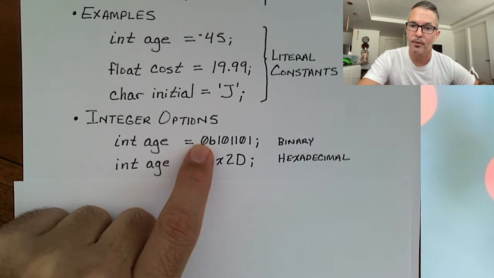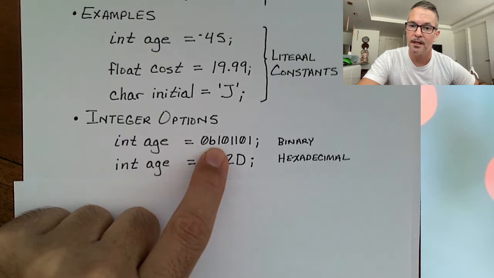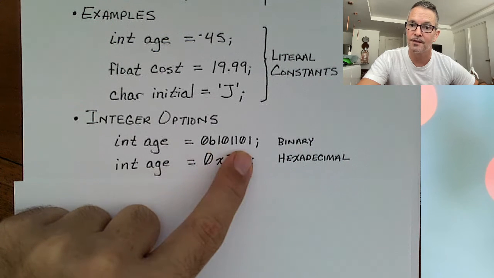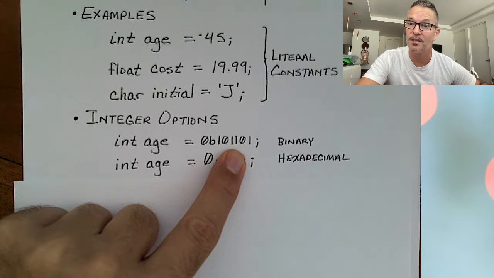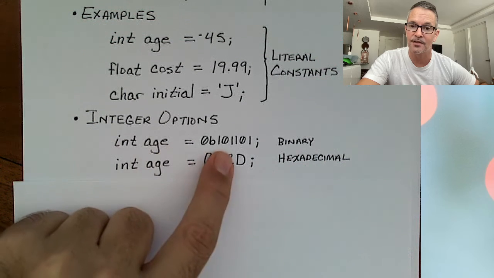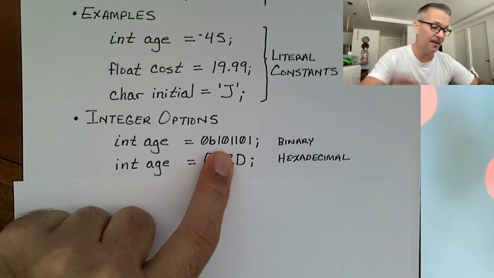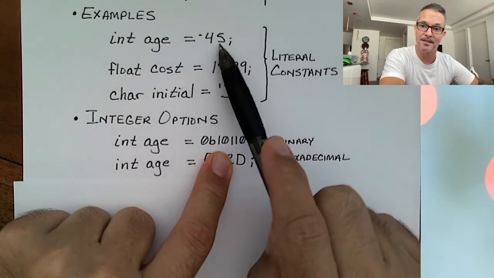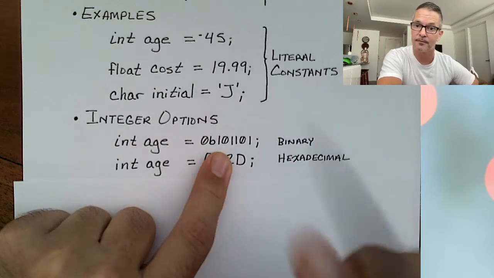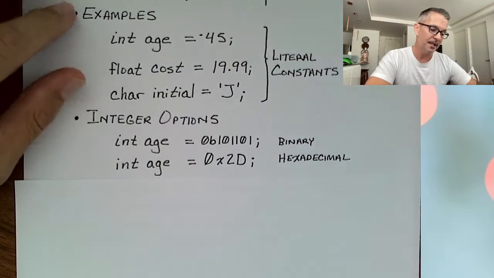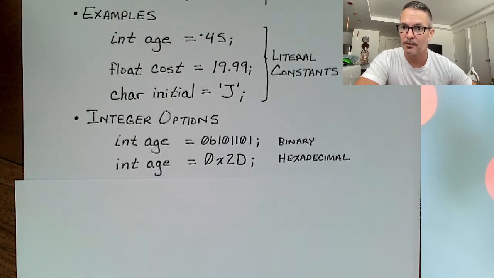You begin your number with 0, then the letter B, and then a sequence of 1s and 0s. This sequence of 1s and 0s happens to be equal to 45. So by setting age to this binary number, I'm doing the same thing as happens in this statement where I set it to 45. The other way I can set an integer is to use hexadecimal notation.